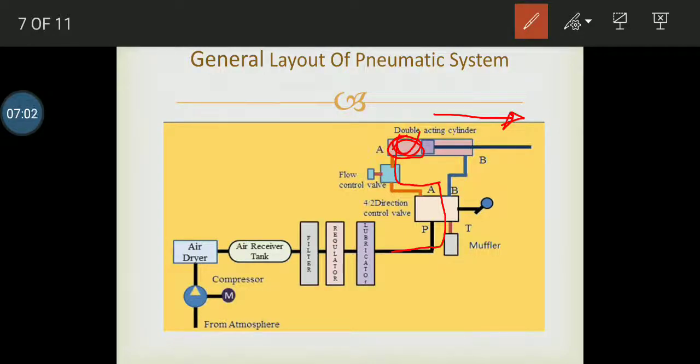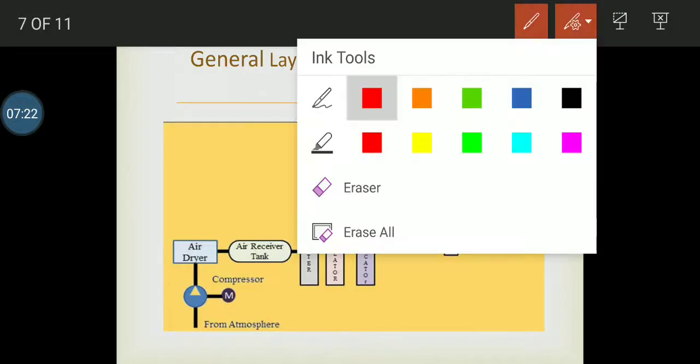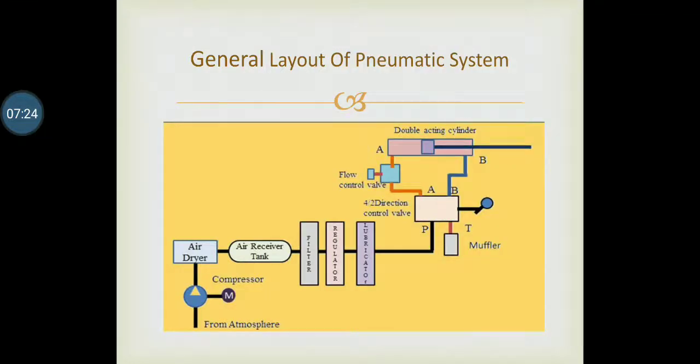It moves to the right. Over here the pressure energy is being converted into mechanical energy by the use of the actuator, which is the double acting cylinder, in this process.